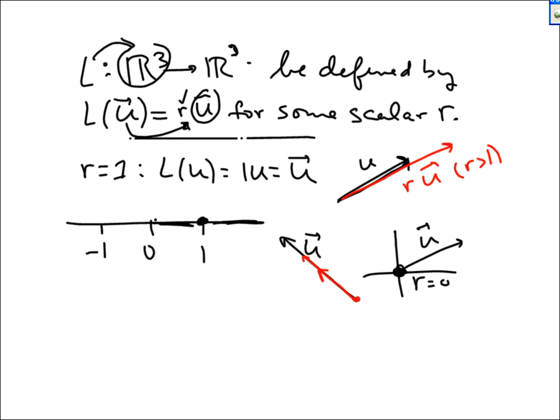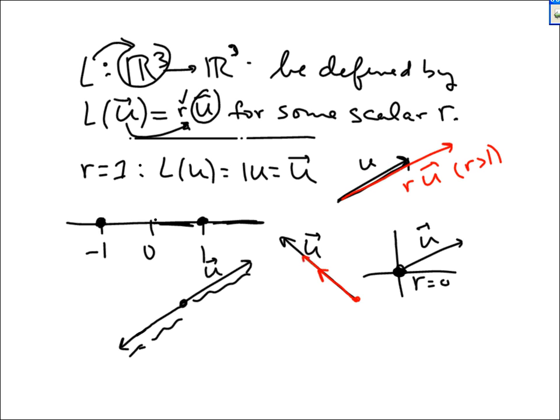Now, if R is negative, that just means that if U goes this way, then a negative times U would just go that way. If R is negative 1, then these two vectors will have the exact same lengths. The vector head doesn't seem to want to come out nicely.